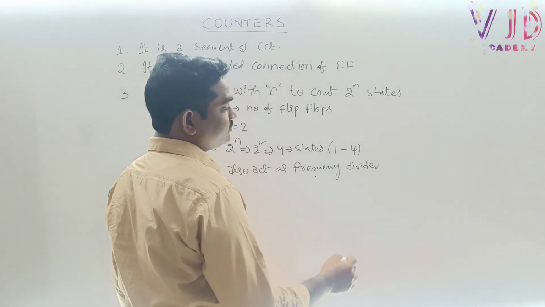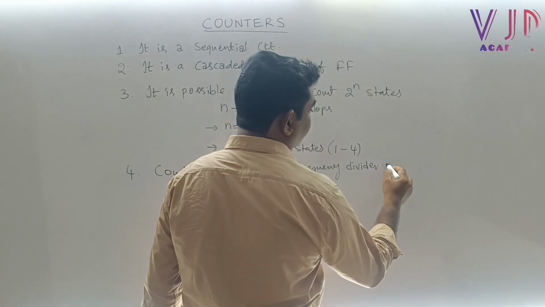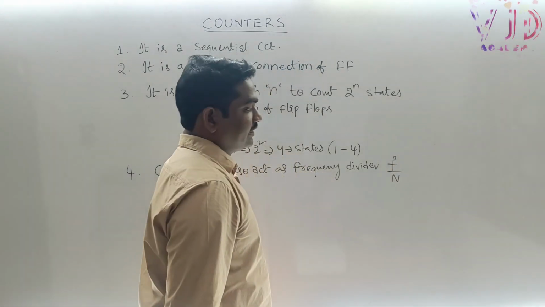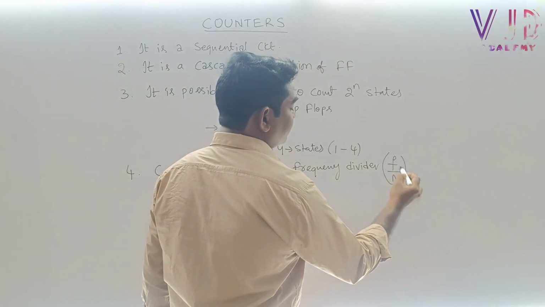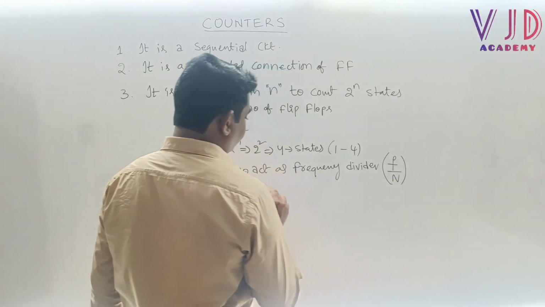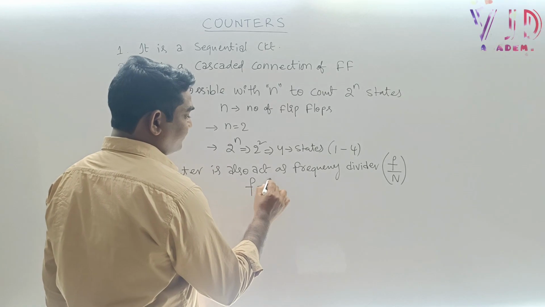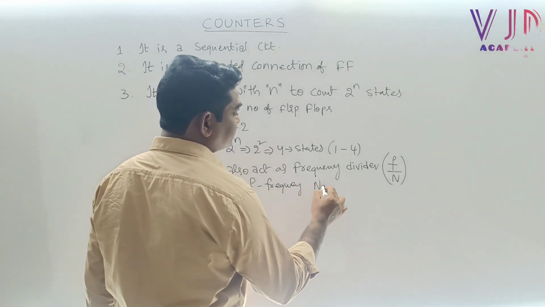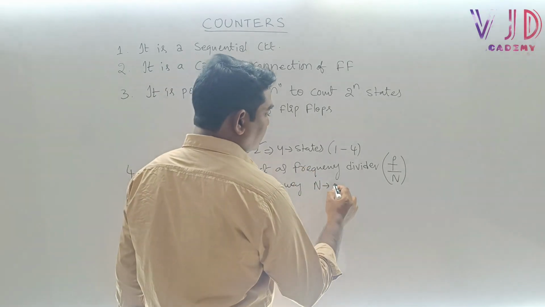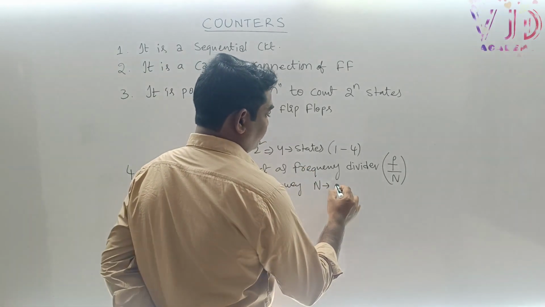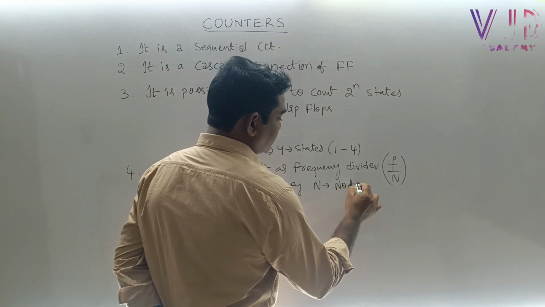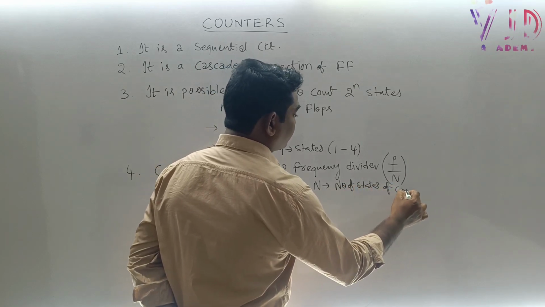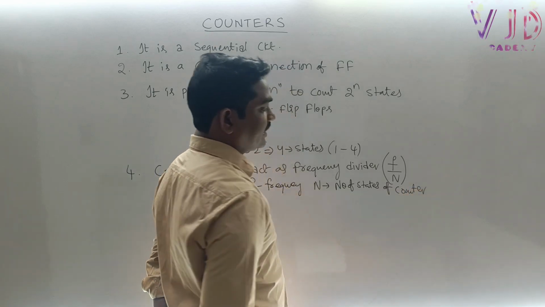The equation for the frequency divider is f by n, where f is the frequency and n is the number of states of the counter.